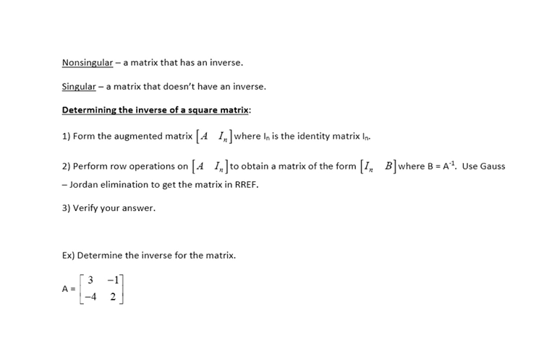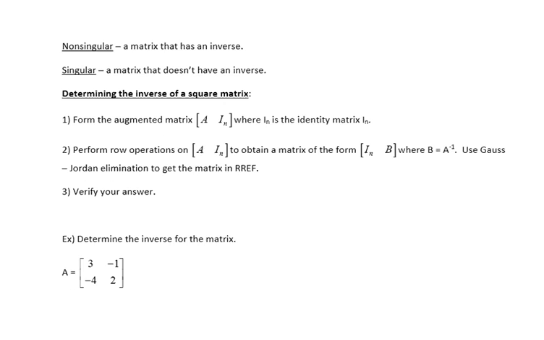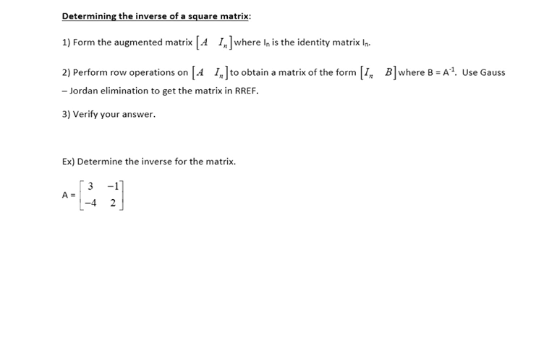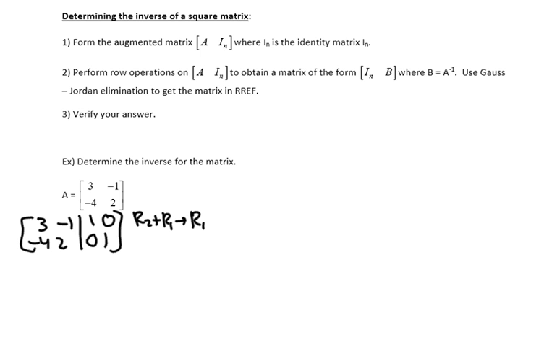Now let's determine what the inverse for this matrix is going to be. I'm going to write it underneath, and right next to it the 2 by 2 identity. Now, I am going to take row 2 and add it to row 1, and that's going to be my new row 1.